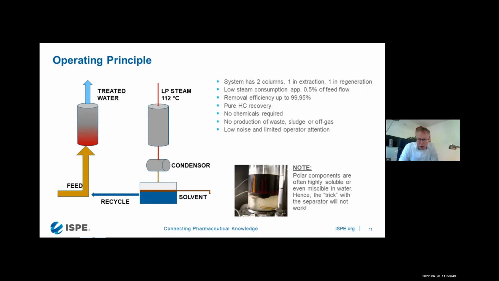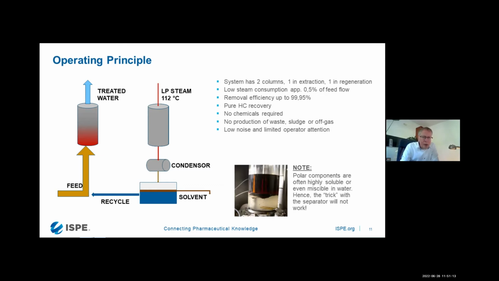Again, the same note that in case of polar components, obviously in this separator vessel, you don't get the solvent as a separate stream, but you have to regard the whole stream, so the condensed steam, including the solvent, as a waste.